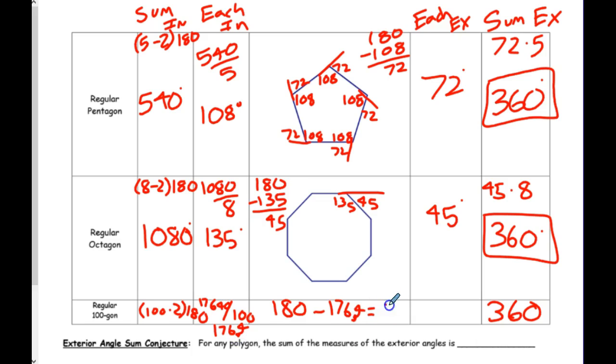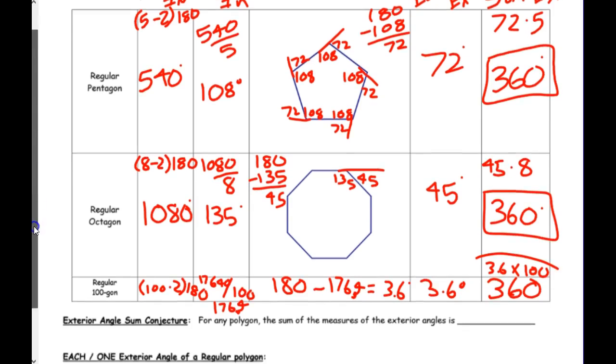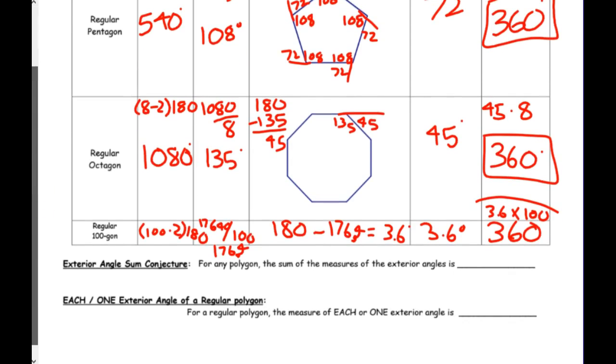So that does give us 3.6 for each angle. 3.6 times 100 is 360. So the final thing here, they always add up to what? 360. This is very important.